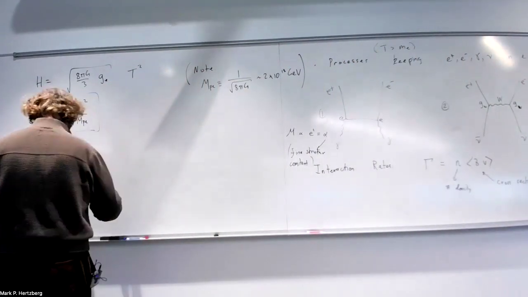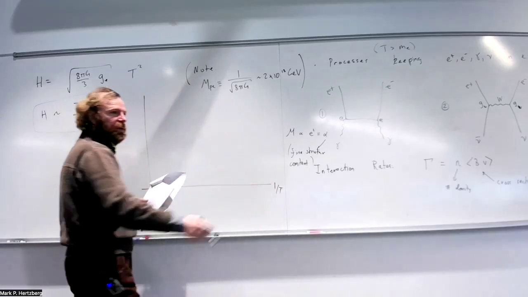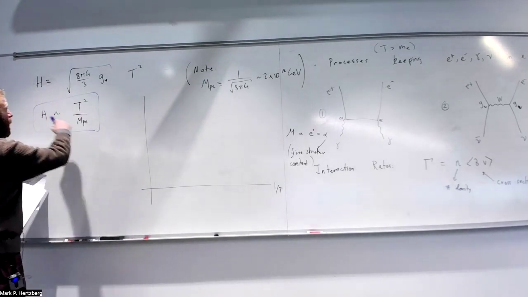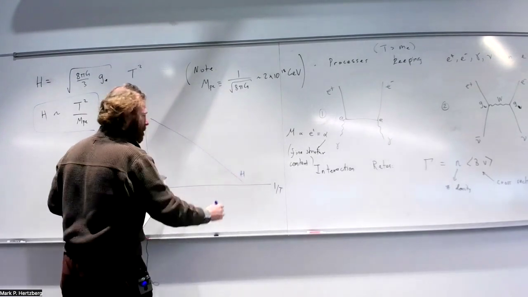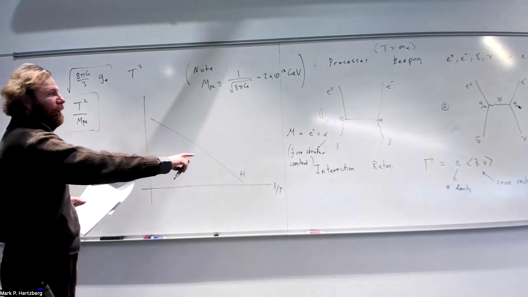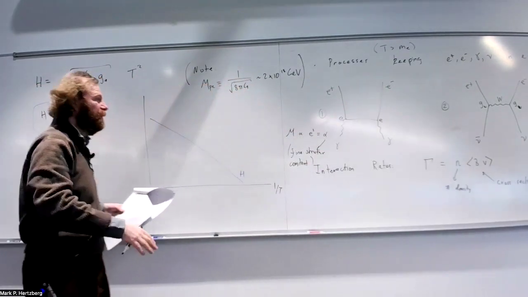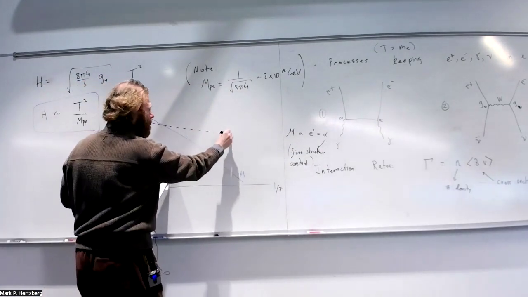Okay, so now let's just plot all these things. So this is versus inverse temperature. Hubble is dropping like T squared. This thing drops only like T to the power 1, so this drops very slowly. So this goes like this, let's say.